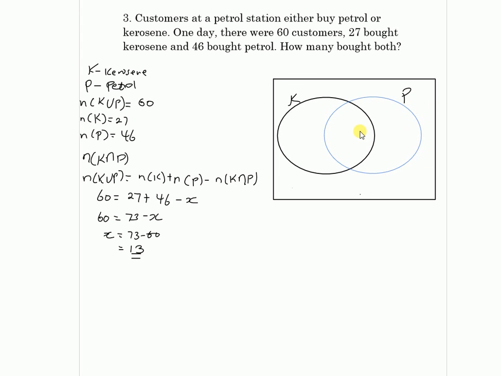Now here they said how many bought both, we don't know that, but everything inside the K circle should get us 27.